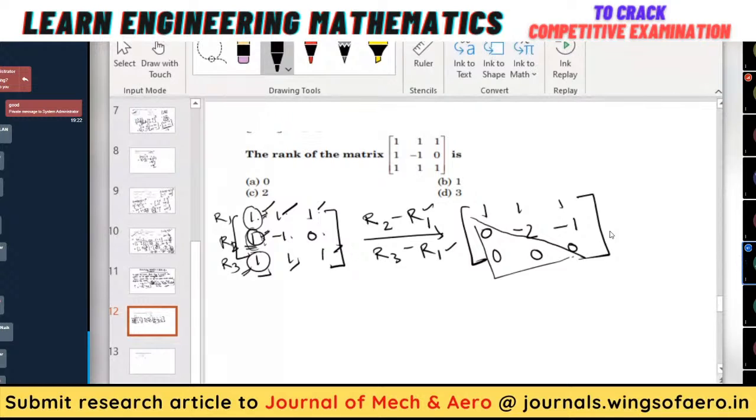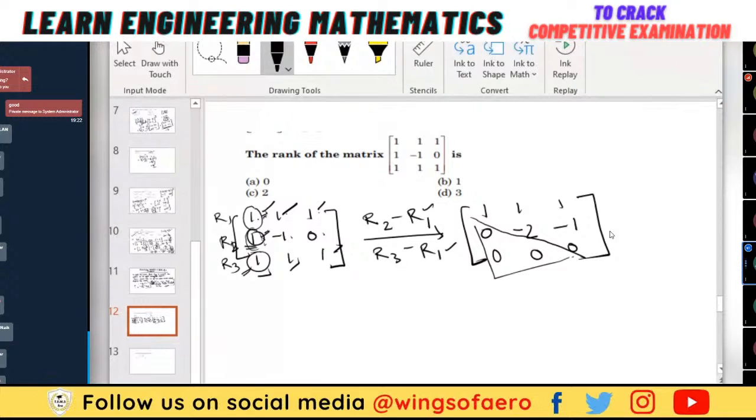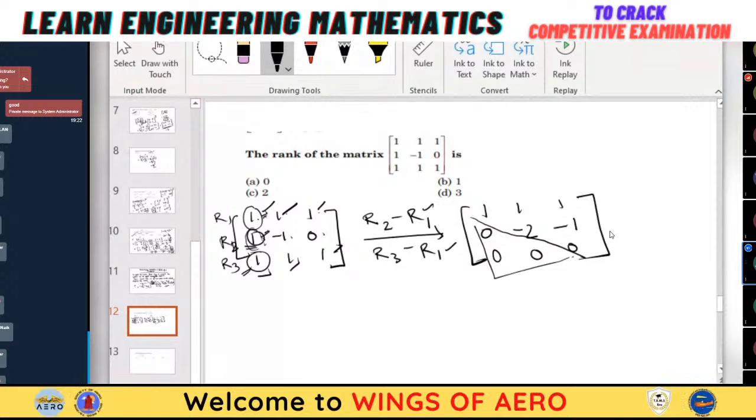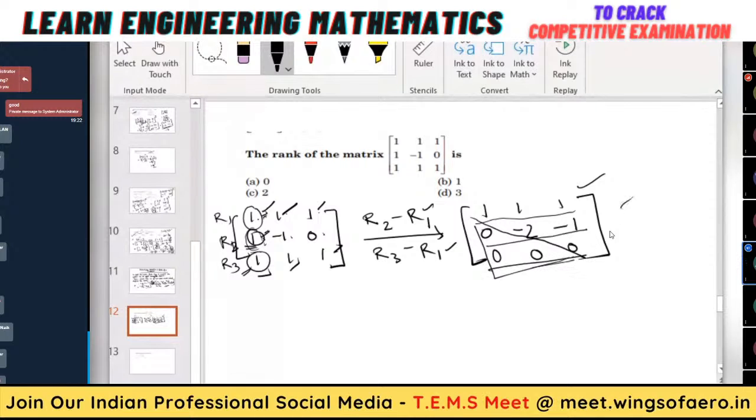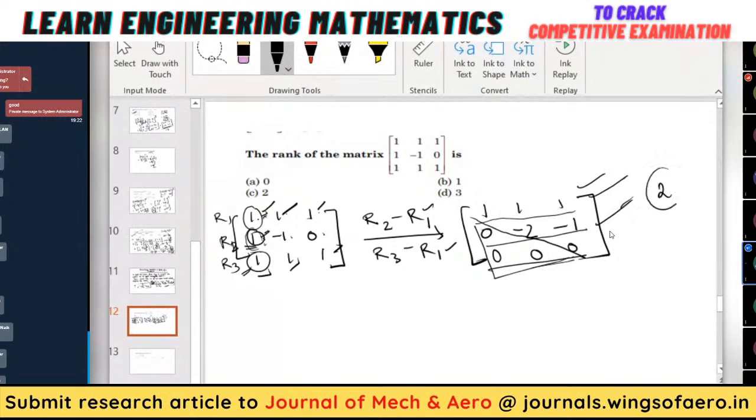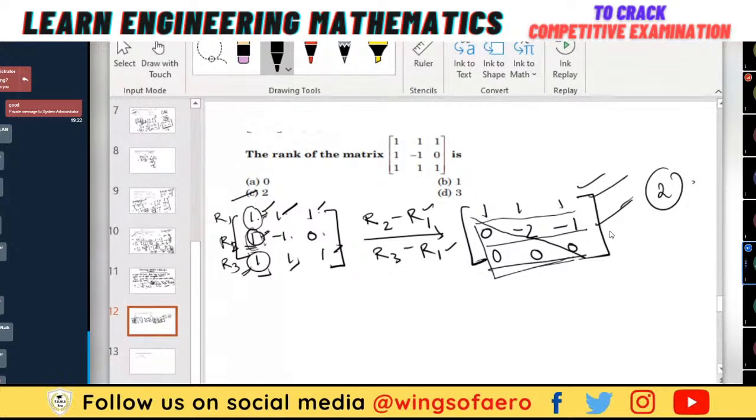Now you just count the number of non-zero rows. The first row is a non-zero row. The second row is also a non-zero row. The third row is a zero row. So the number of non-zero rows is 2, so 2 will be the rank of the matrix. So C is the right answer, 2.